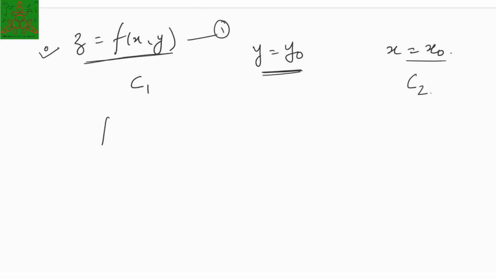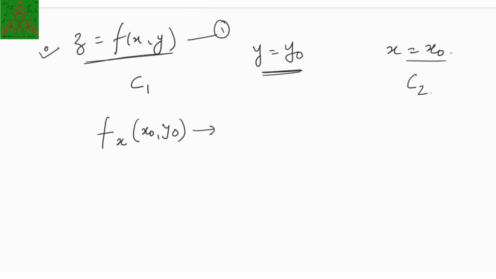Now what does fx at x0, y0 mean? It is actually the rate of change of z with respect to x along the curve C1 at point x0, y0.